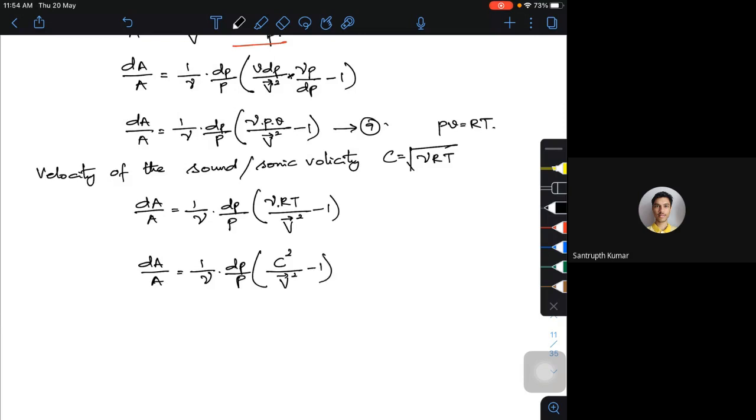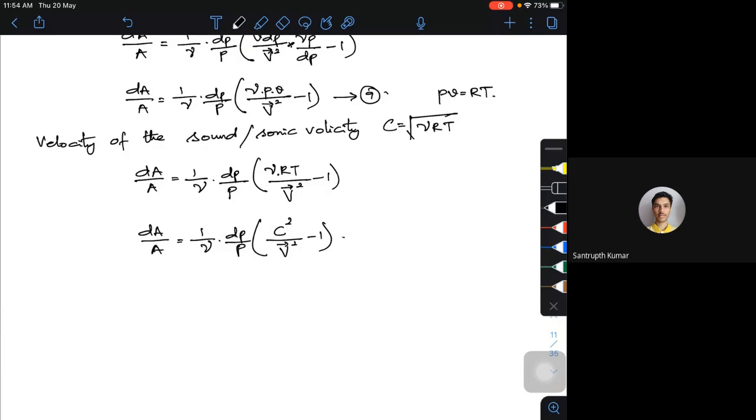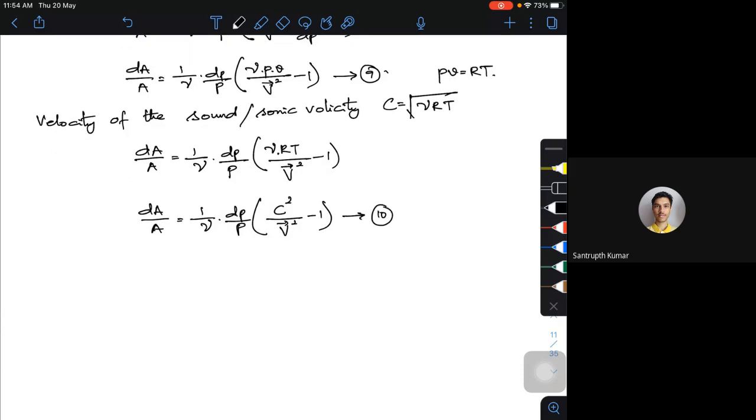If I call this equation 10, we know Mach number M is given by the ratio of your fluid velocity to the velocity of the sound. So I will modify this: C square by V square will become 1 by M square, so 1 by M square minus 1.